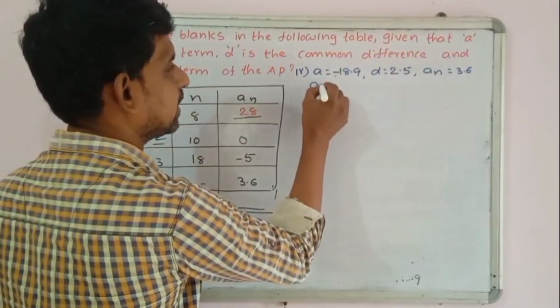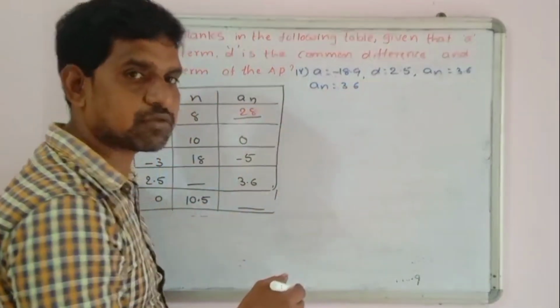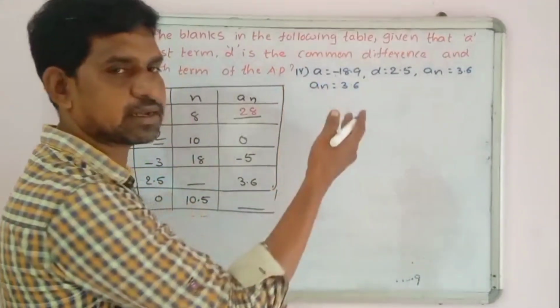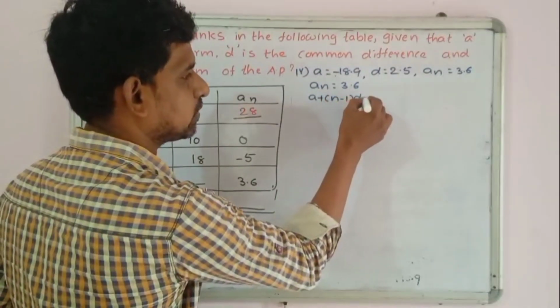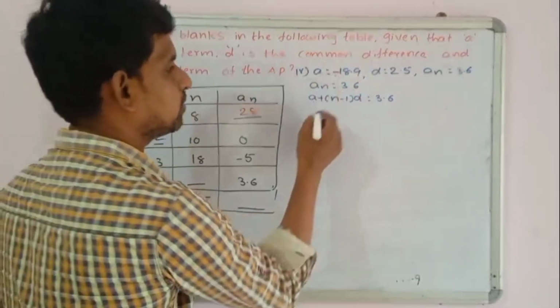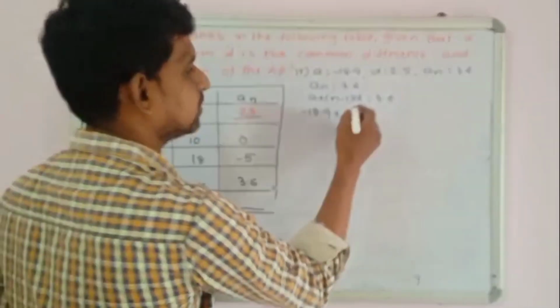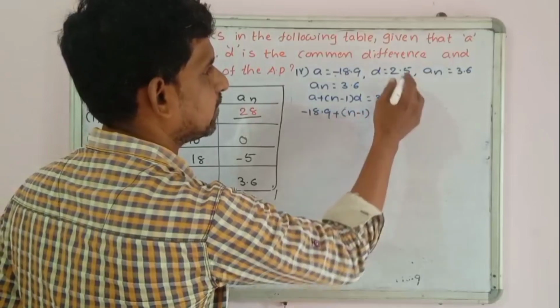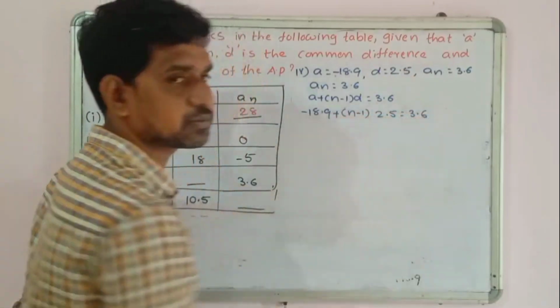We know that an equals 3.6. What is the formula of an? An formula is nth term formula: a plus (n minus 1) into d equals 3.6. a value minus 18.9 plus n minus 1, d value 2.5, equals 3.6.